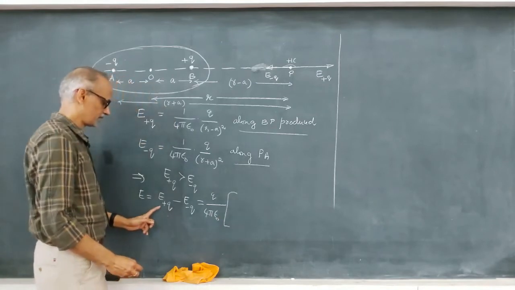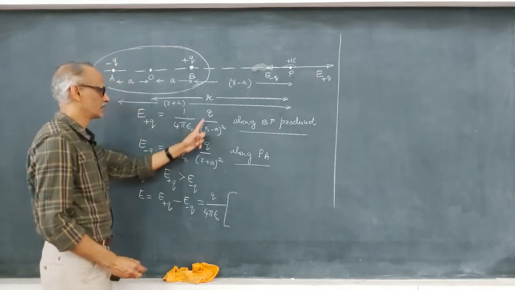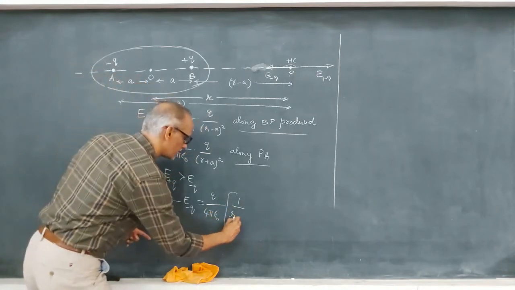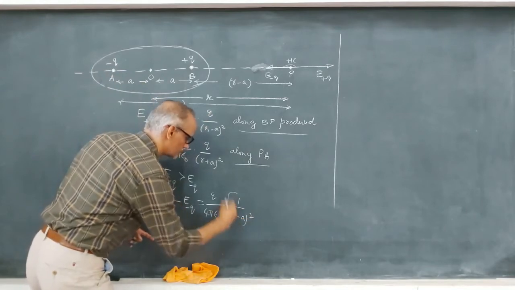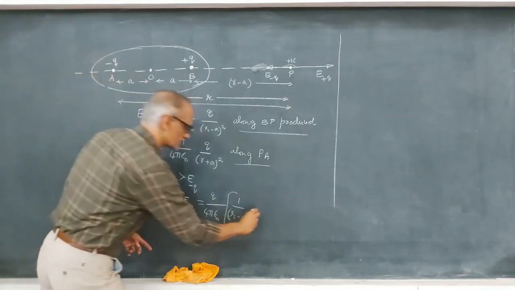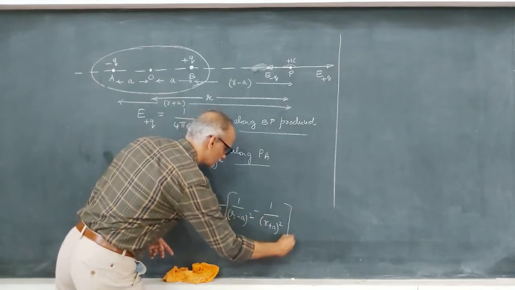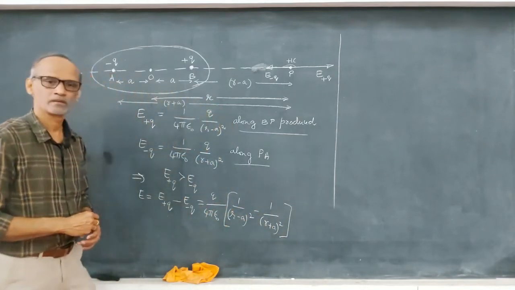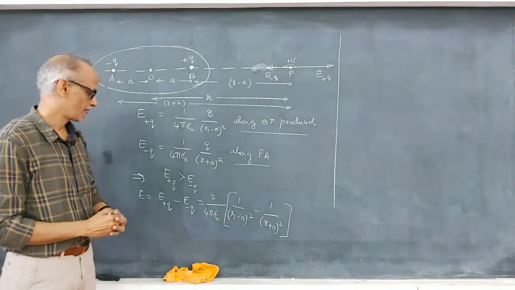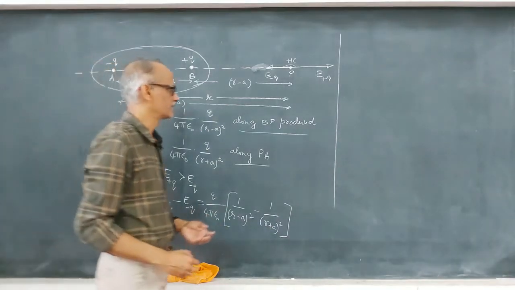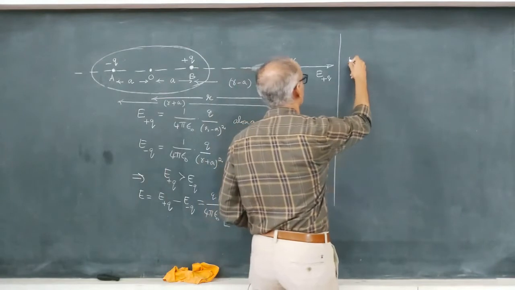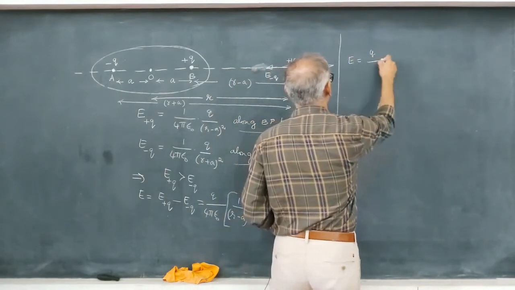Now what is the first term here that we get? E plus Q, which is here: 1 by R minus A the whole square, minus 1 by R plus A the whole square. Hope it is clear. Right. Now let's simplify this further. So that's equal to Q by 4 pi epsilon naught.